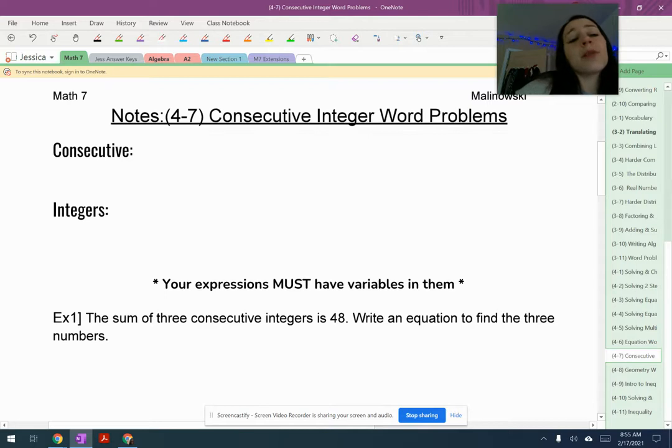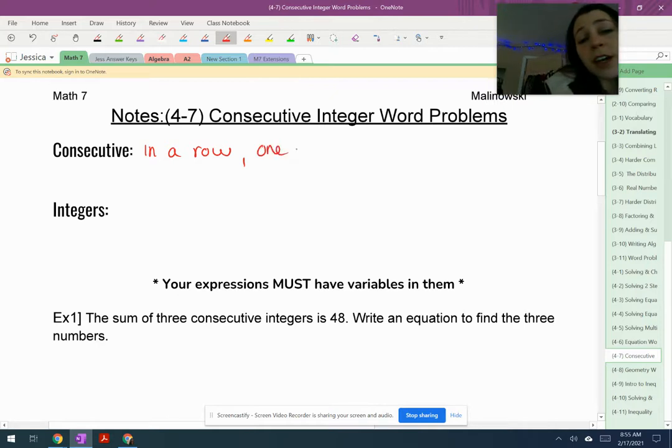So, two main keywords here that we need to talk about: consecutive and integers. Consecutive, so like in a normal year, I would say that you're in school for 5 consecutive days. Well, this year, you're in school for only 2 consecutive days, maybe. So consecutive simply means in a row, one after the other.